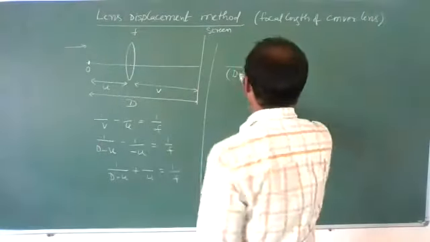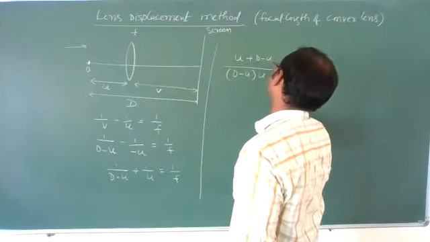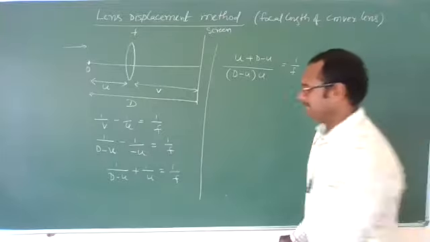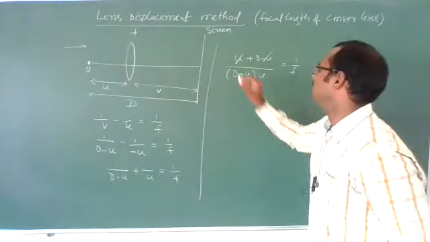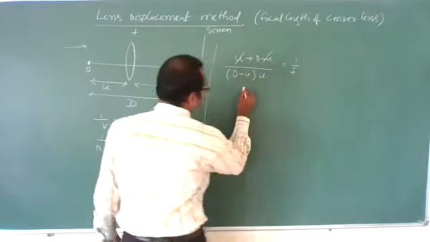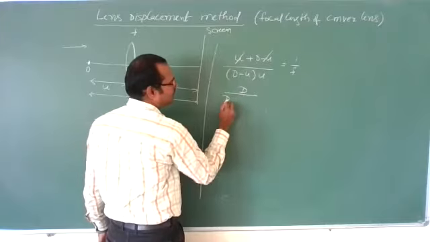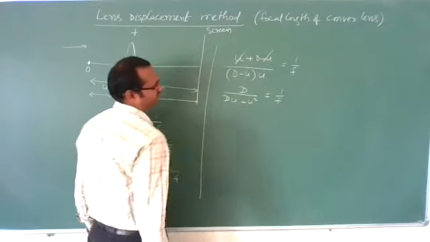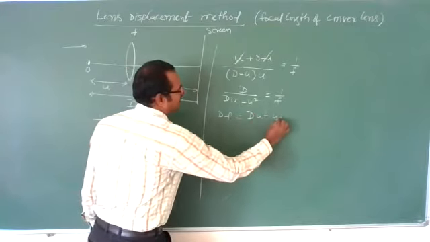Now cross multiply them. u plus D minus u is equal to 1 by f. Is it correct what I have written? Plus u minus u cancel. You get D upon Du minus u square is equal to 1 by f. D into f is equal to Du minus u square.